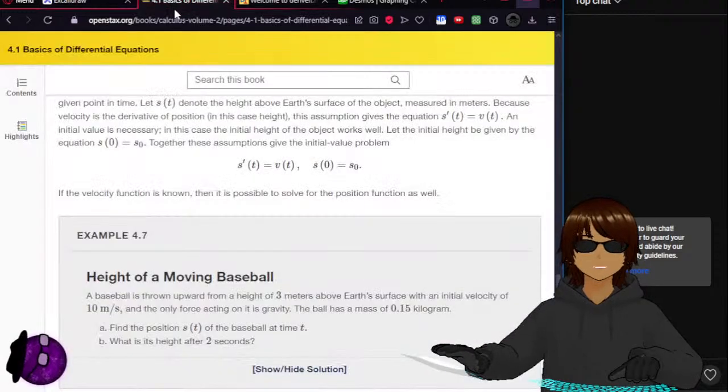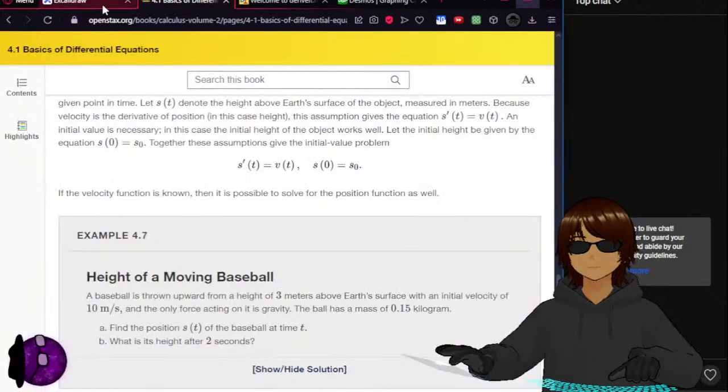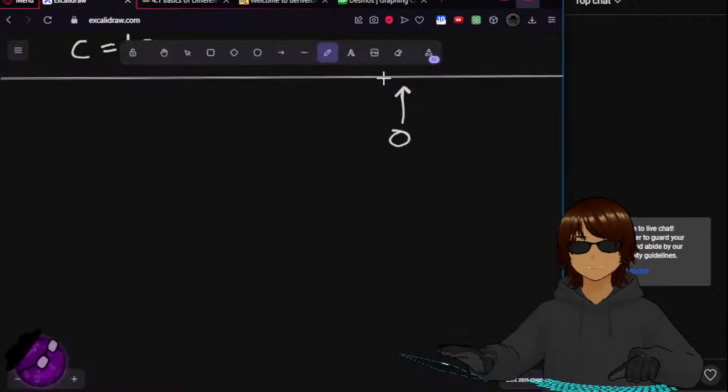The ball is thrown upwards from a height of 3 meters, 10 meters per second.